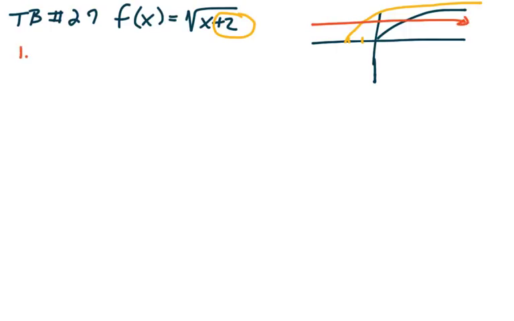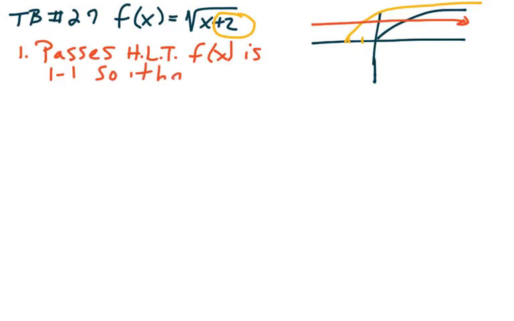The first thing you want to do is just check it. So this passes the horizontal line test, which means the function f of x is 1 to 1, so it has an inverse. Good news. Now we can continue.